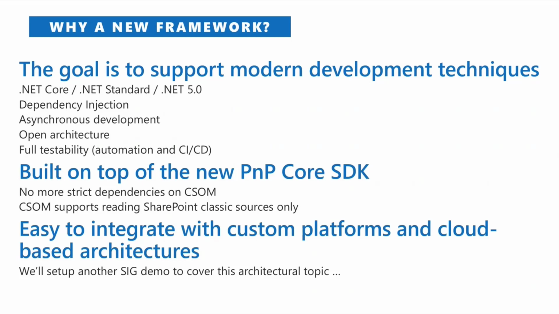So we still rely on CSOM when we read the Classic content. But when we write, when we generate new modern pages, we just rely on modern techniques in PnP Core SDK, meaning SharePoint REST and Microsoft Graph, which is the philosophy under the cover of PnP Core SDK.